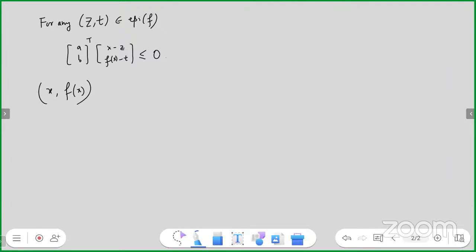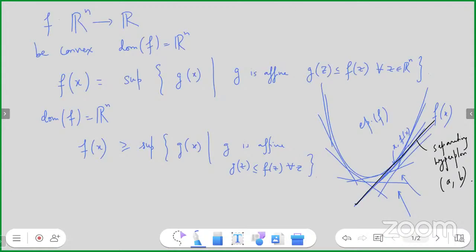What do I need? I need to prove this. You already proved greater than or equal to.